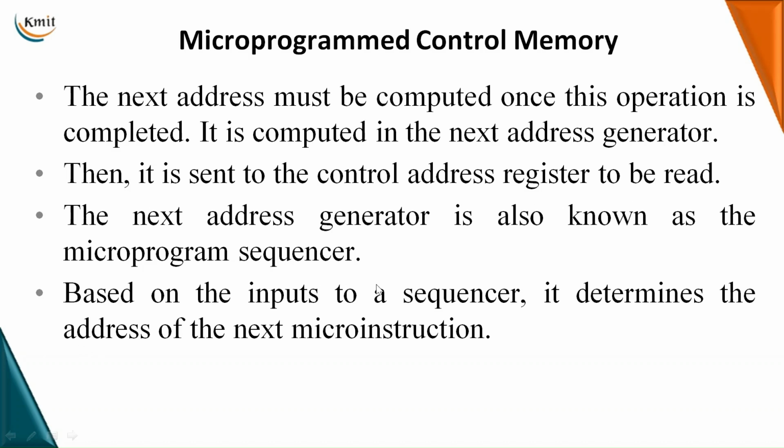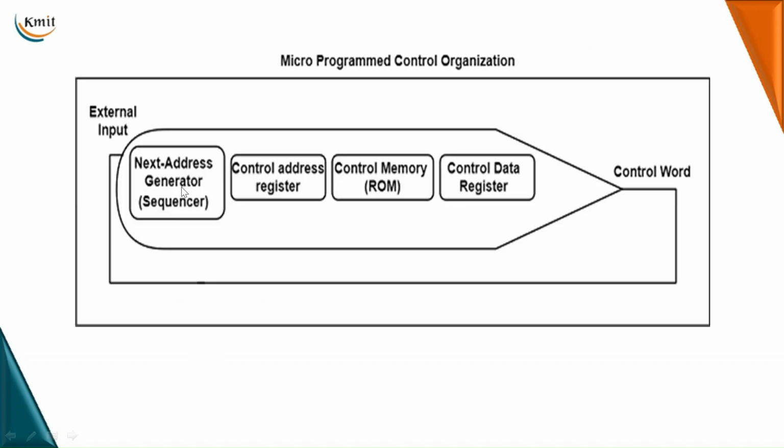Based on the inputs to a sequencer, it determines the address of the next instruction. What is the next address that has to be stored in the control address register depends upon multiple inputs. The sequencer receives multiple inputs, and based on them it decides which is the next address that has to be loaded into the control address register.